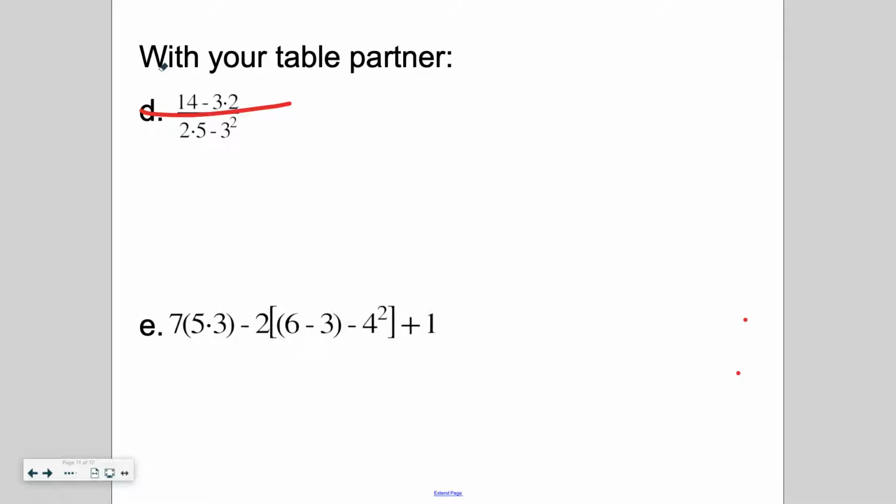So what are you gonna do? The hard bracket is just another parentheses around. So then that 2, I do everything inside and then distribute. But at the same time, I do 7 times 15, which is 105 minus 2.